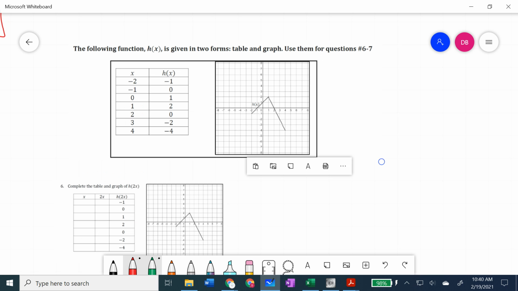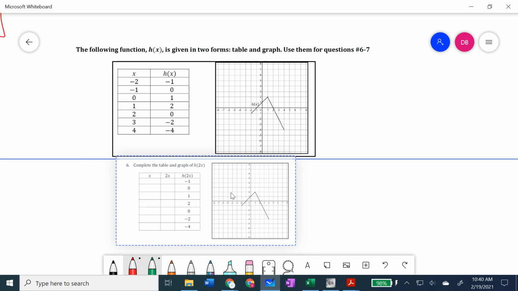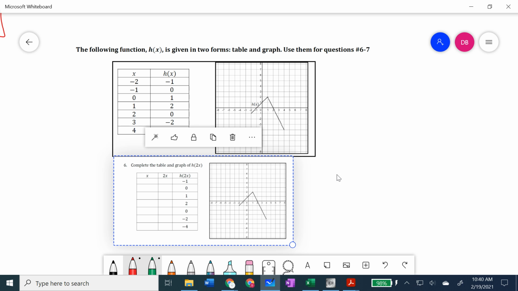And here we go. I have this number 6 set up so that you actually have the answer column. You're starting with the answer column.